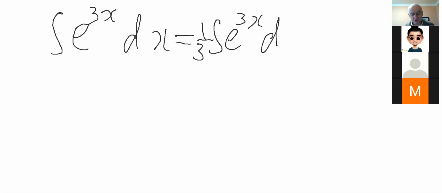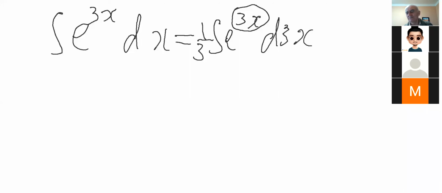What I need in dx is this exponent, this power 3x, because in the power and in the d, I will have the same expression. So let's try to write here 3x.